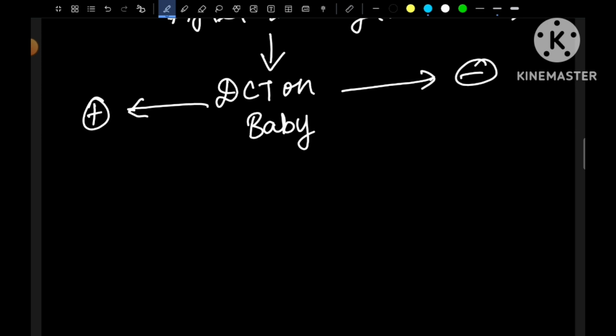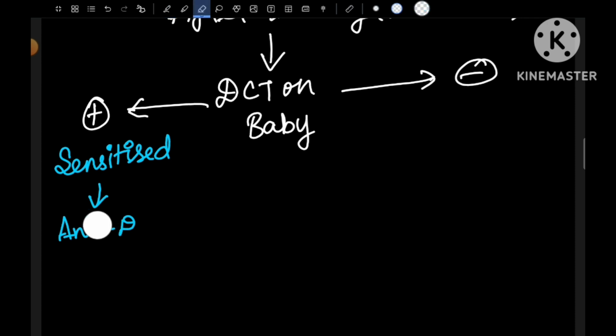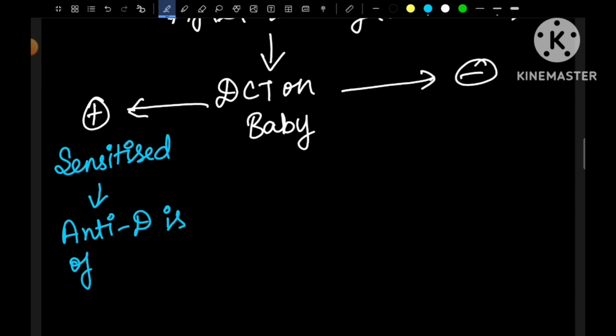If it is positive, that means the baby is sensitized. The baby is sensitized. So, giving anti-D would be of no use. Giving anti-D would be of no use for a sensitized baby. Right? Anti-D is of no use.